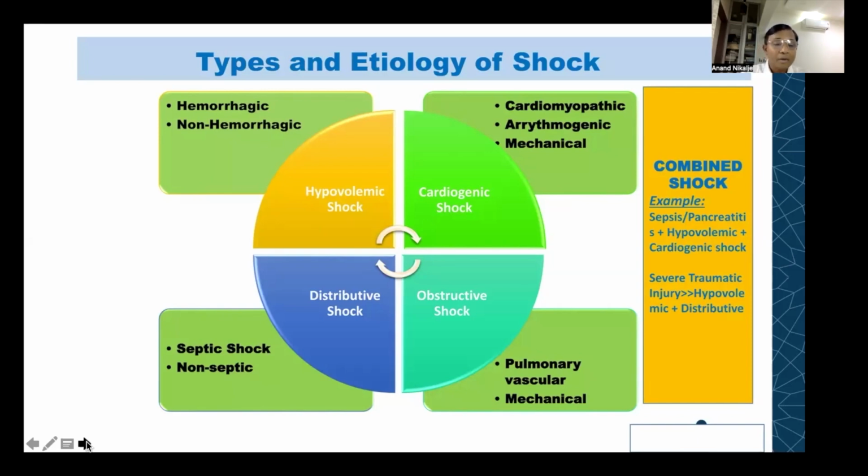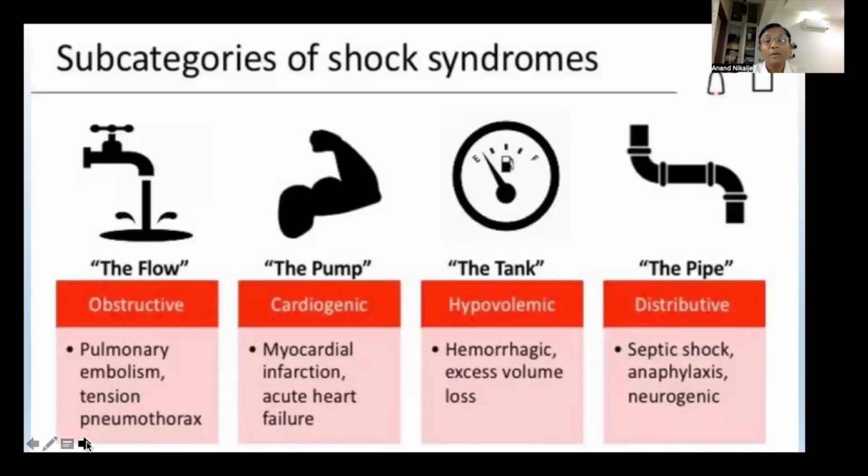When we discuss the pathophysiology of shock, we should understand the subcategories or phenomena behind the shock. When there is an obstruction to the flow, you get an obstructive shock, like in embolism or pneumothorax. When there is pump failure, the heart being the pump, and it has a problem, we get cardiogenic shock, like I told you in an acute infarct case.